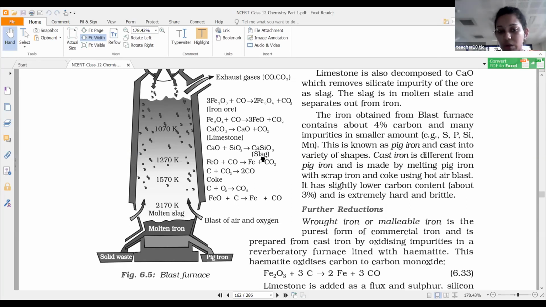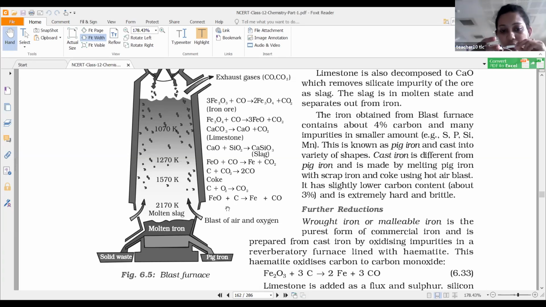Before this 1073, it depends upon the amount of SiO2 which is present. Students, in this explanation we take that a 1:1 ratio of limestone is added. Correct? We have taken it like that. But in the industry, it is not like that, students.